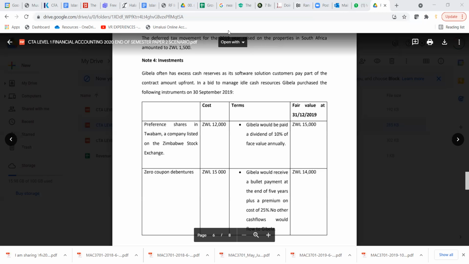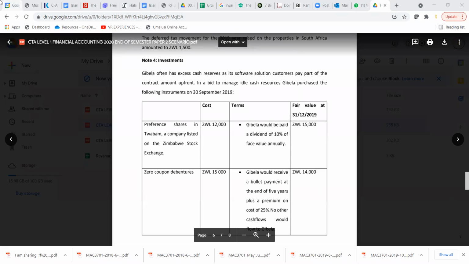So in that instance, it does not meet amortized cost because amortized cost does not include the sale of an asset, whereas this one includes the sale of an asset. So it can't be amortized cost, and it will be mandatorily measured at fair value through OCI. So if we don't meet amortized cost and if we don't meet fair value through OCI, automatically it will be fair value through profit or loss. Okay, so just be aware of that.